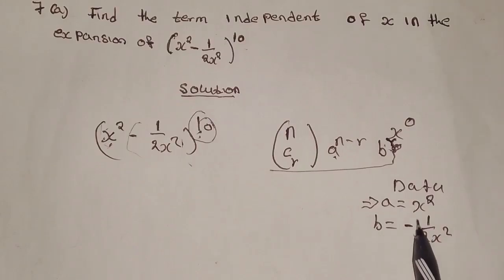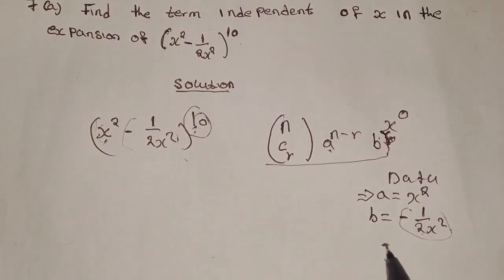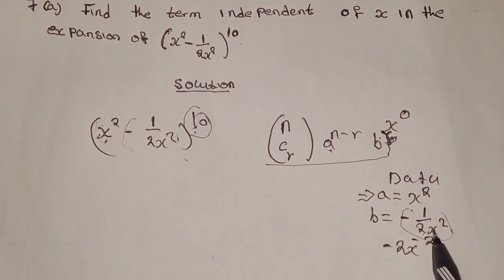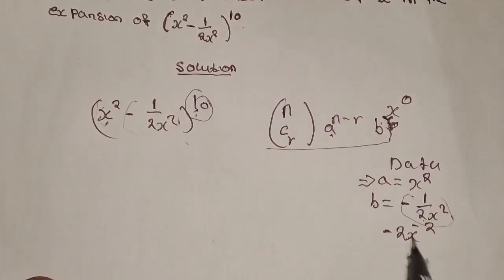Under indices, this 1 over 2x squared can also be written as negative 2x to the power negative 2. Writing it like this is the same as writing it like that. Let's prove that this is equal to that.